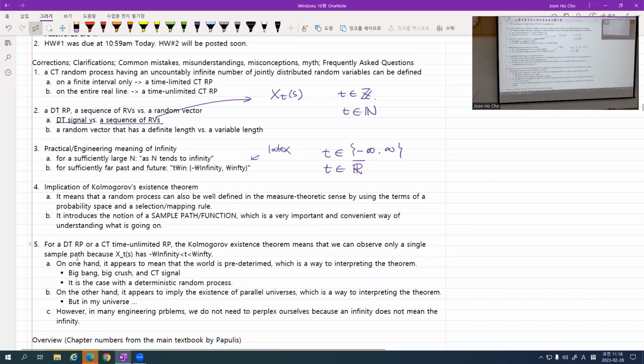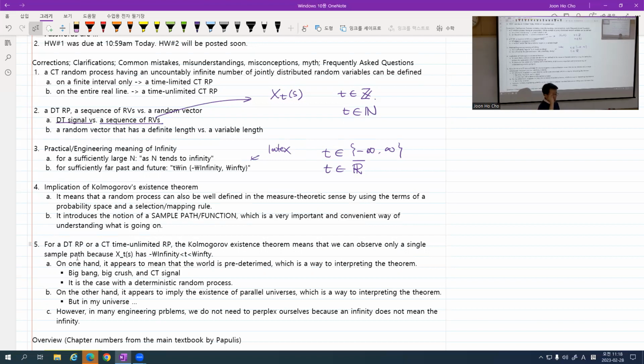So Kolmogorov's extension theorem first means that the notion of a random process, if we start it as countably or uncountably infinite jointly distributed random variables, can still be put into that measure theoretic framework of defining every random something.